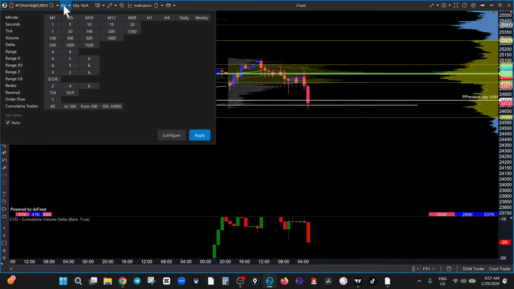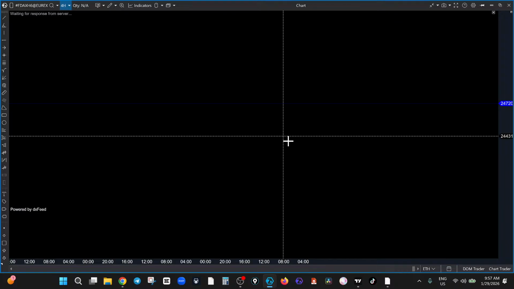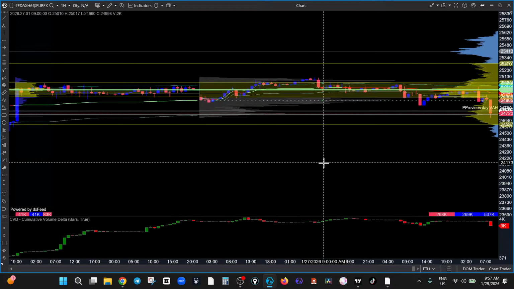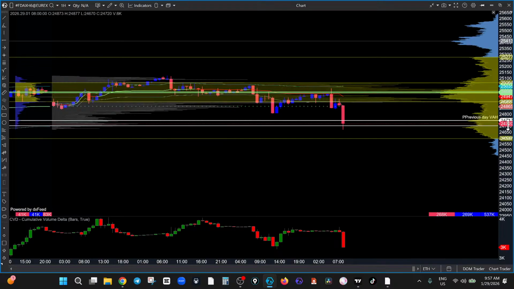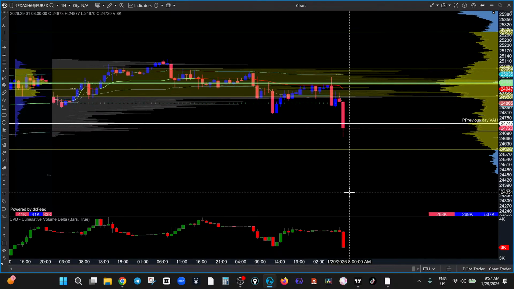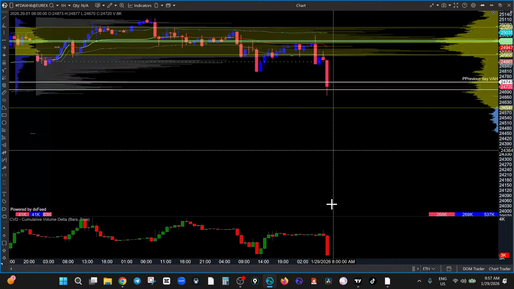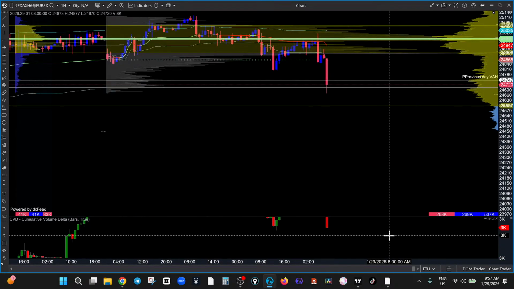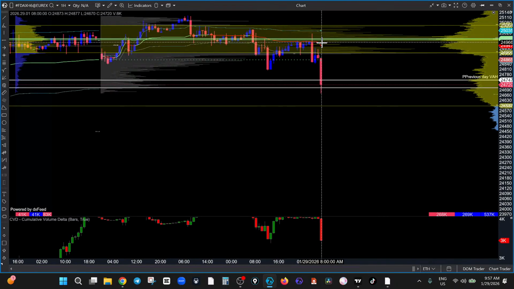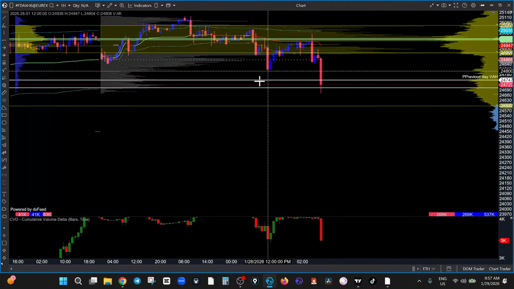Let's go to H1. Now, something interesting is happening here. You can see that within this move here, it created a lower low.